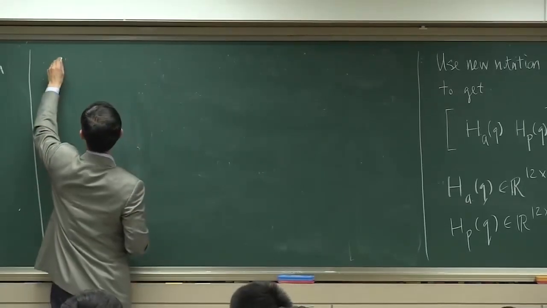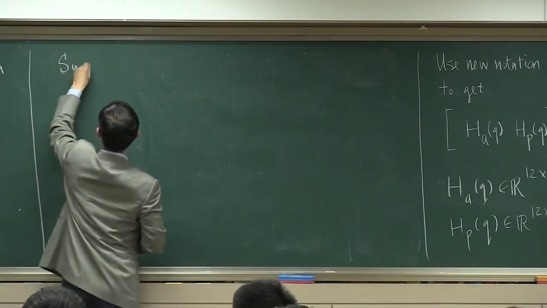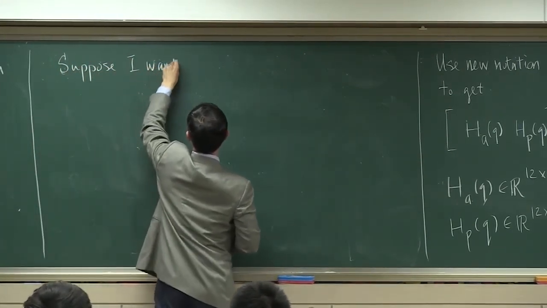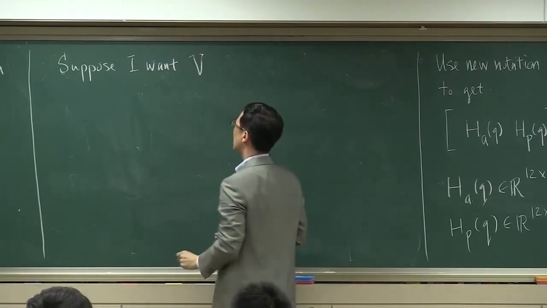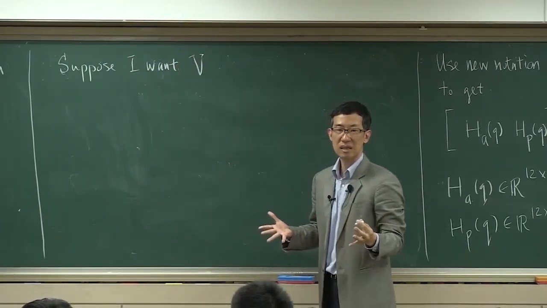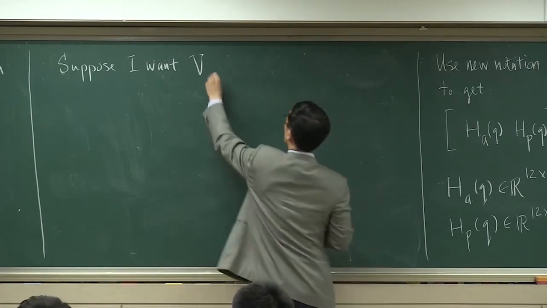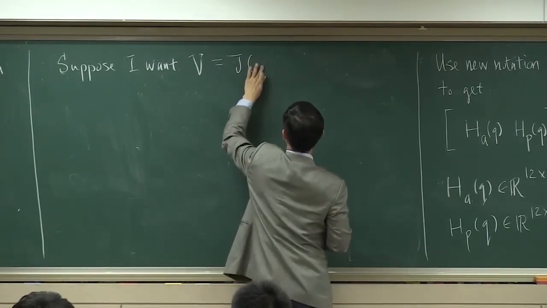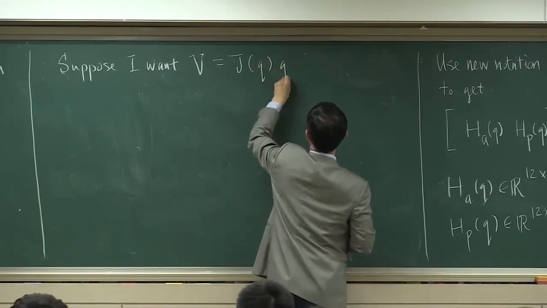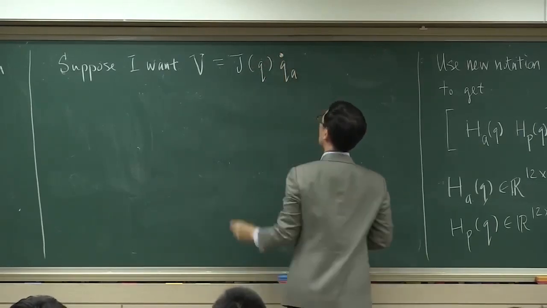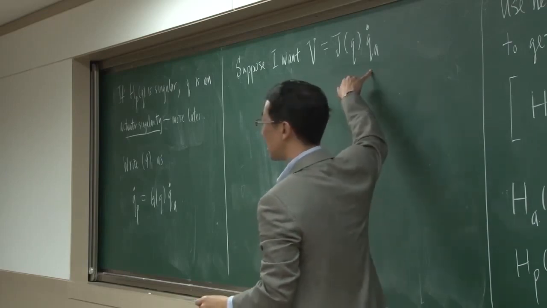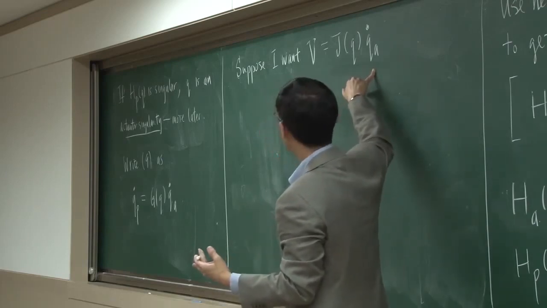All right. So suppose I want v, the end effector velocity, spatial velocity, is equal to J sub q times qa dot. Okay, so remember q is the vector of actuated joints.